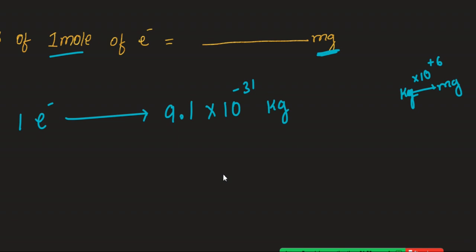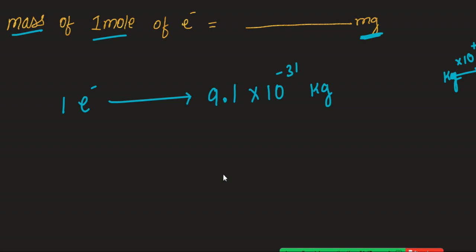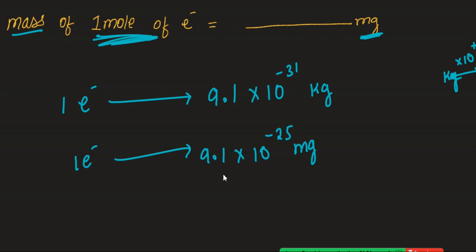So multiply with 10 to the power plus 6. How much will you get? One electron's weight will be 9.1 into 10 to the power of plus 6 minus 31. How much will you get? Minus 25 mg.